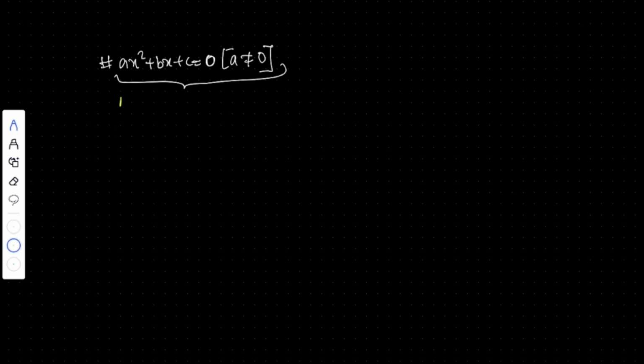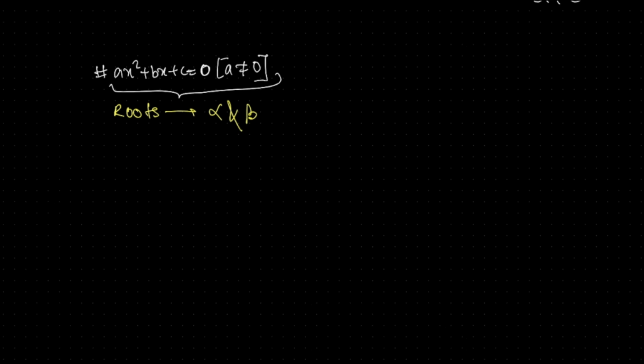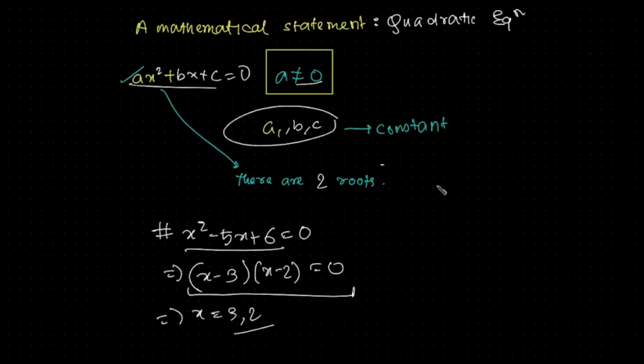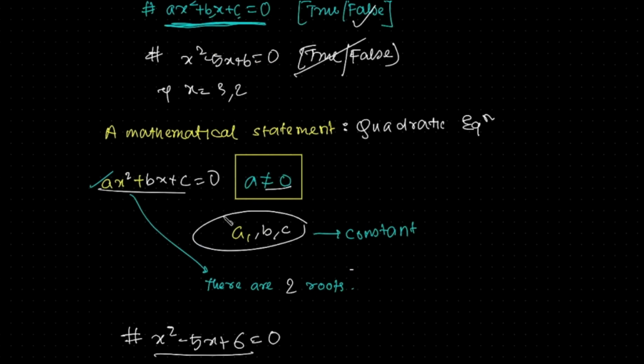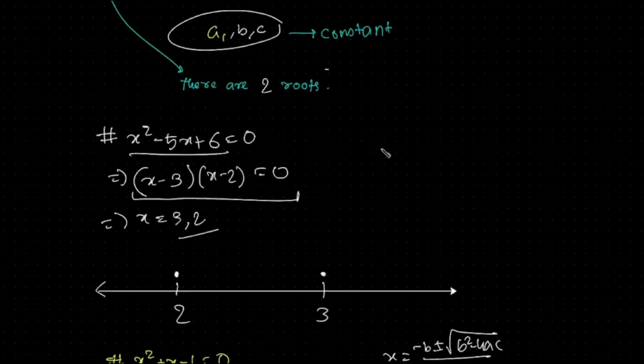Any equation given like that has roots alpha and beta. Now what are roots? I told you in the previous lecture: the two solutions to this equation are called roots.